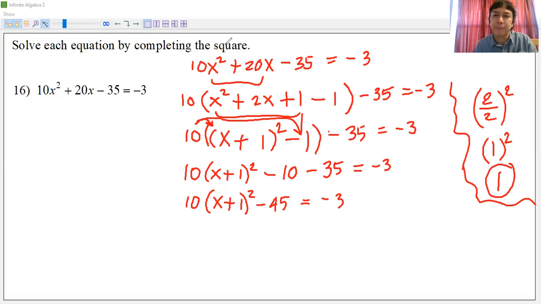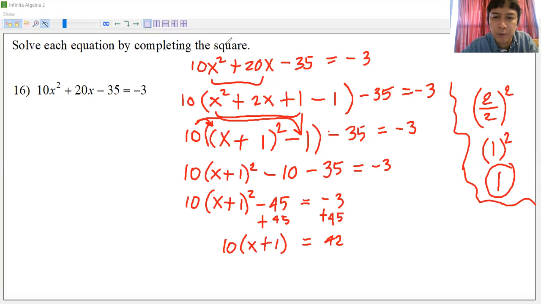And then we add 45. We add 45, and this will now be equal to 42. And this left side is just 10 times (x plus 1) squared.